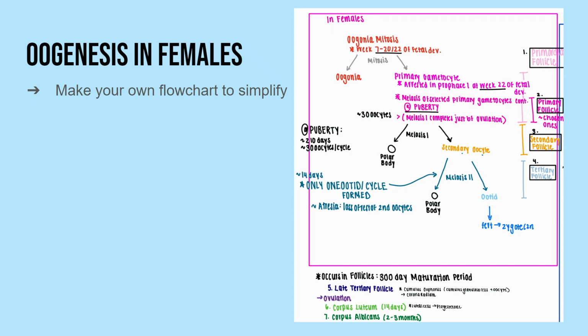We form two polar bodies in this process. So instead of forming two secondary oocytes, we form one and a polar body. You can see how that's different than spermatogenesis, because we form two secondary spermatocytes. We only form one secondary oocyte.